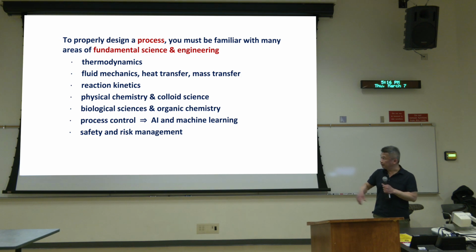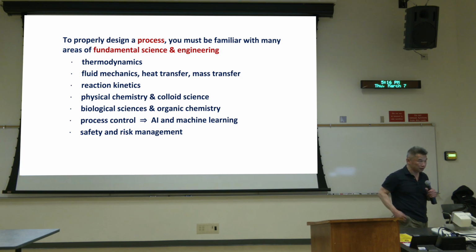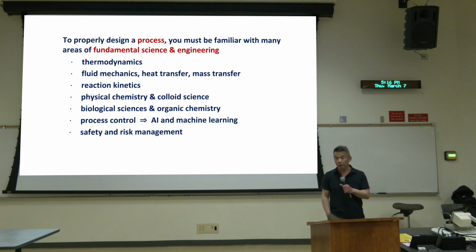And with the latest developments in artificial intelligence and machine learning, you bet we're taking advantage of those things. We have a lot of experts in our department who are really into machine learning and artificial intelligence, all for the purpose of controlling processes.